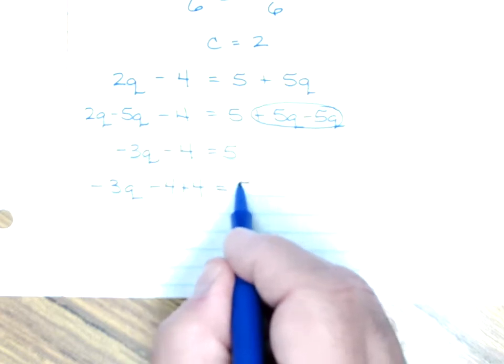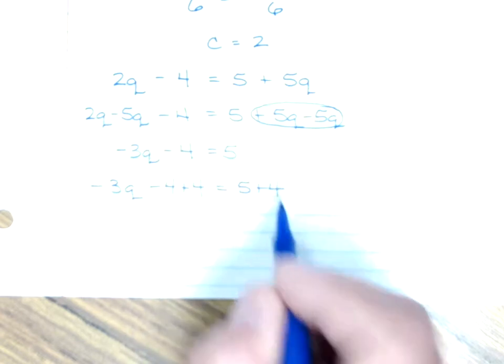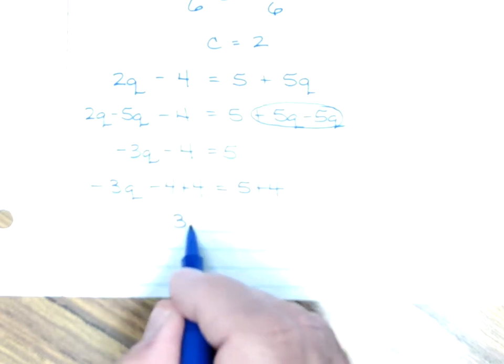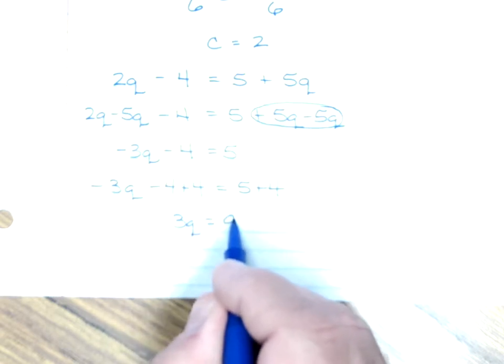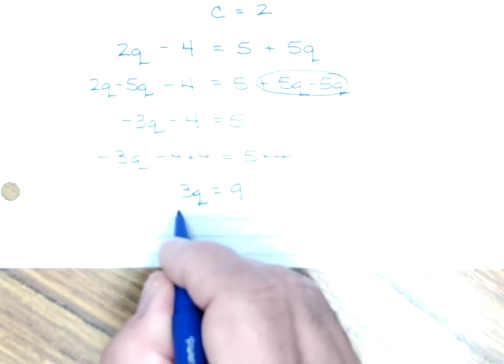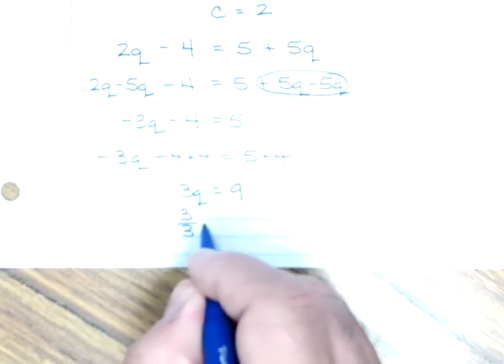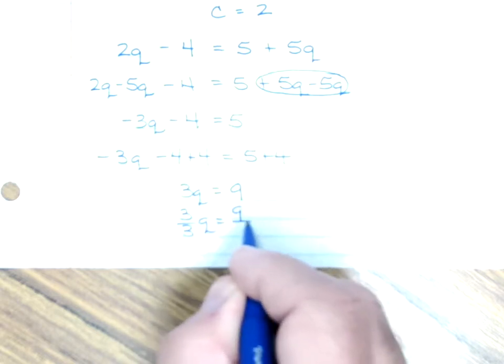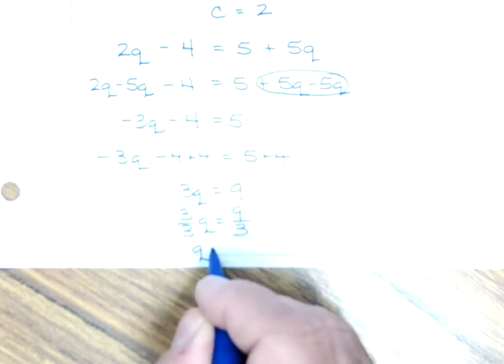And we're going to do that again to both sides. So now we have 3q is equal to 9. And I think the answer is starting to jump out at you. Let's divide both sides by the coefficient. And the answer is q is 3.